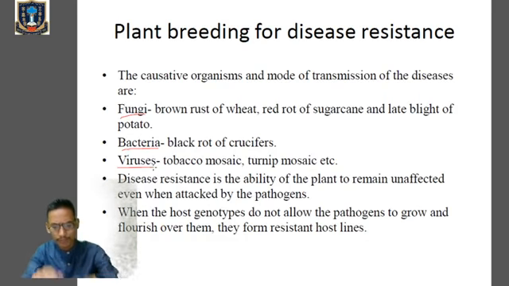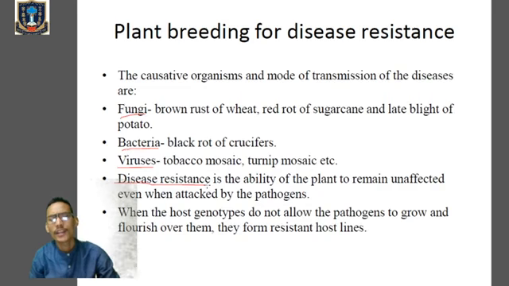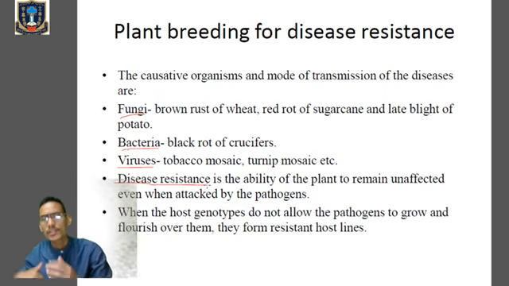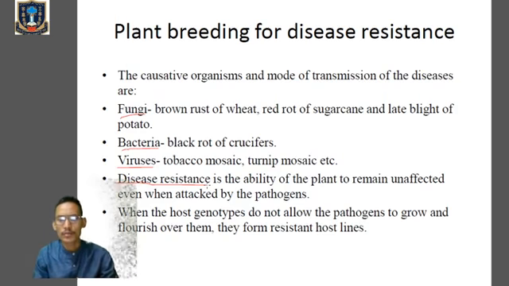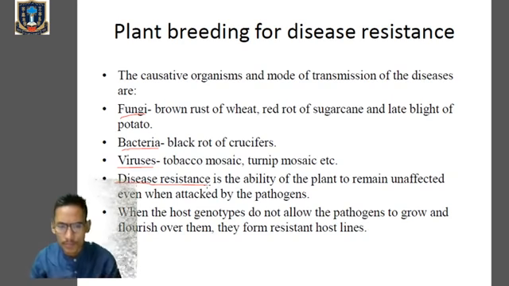So therefore, disease resistance is the ability of the plant to remain unaffected even when attacked by pathogens. Whenever a plant which has been given the disease resistance property is attacked by pathogens, it will remain unaffected. That property is called the disease resistant property.